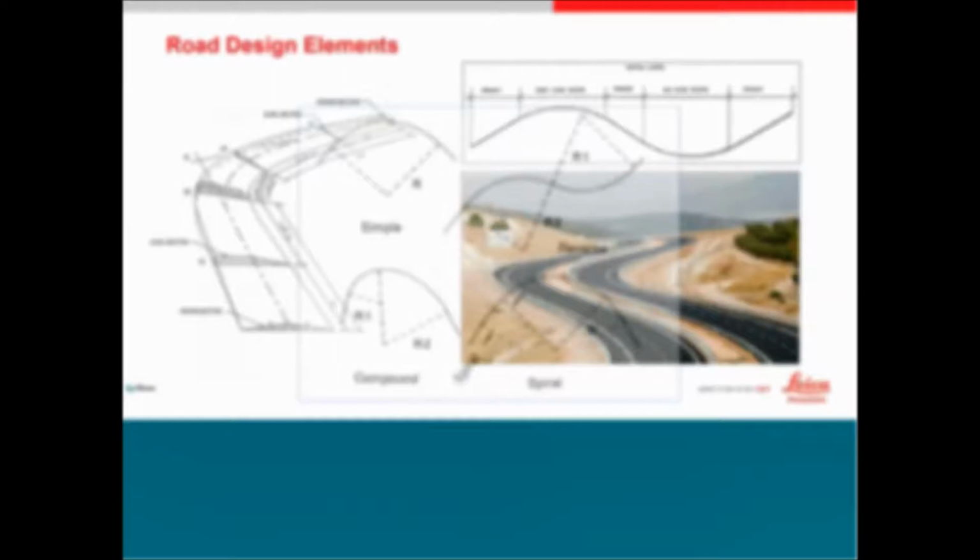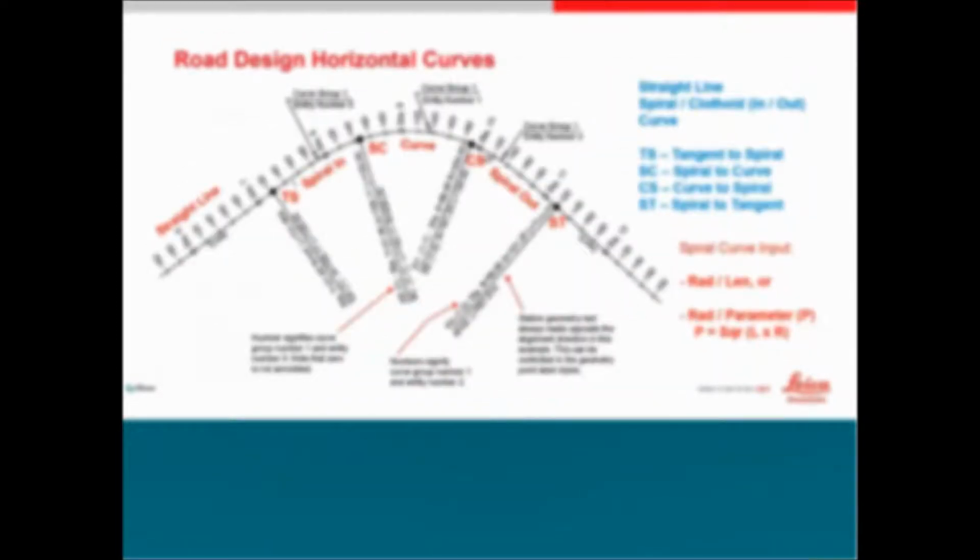The length of the spiral is this chainage minus this chainage, that means from the spiral to curve minus the tangent to spiral. When you take the deduction of these two chainages, you will get the length in between these two points.